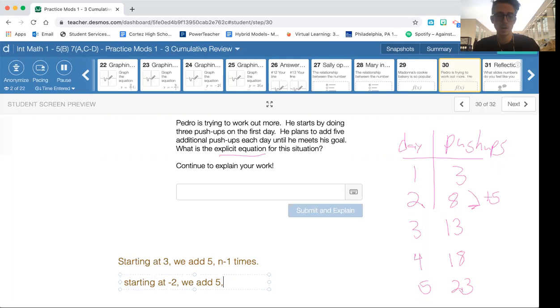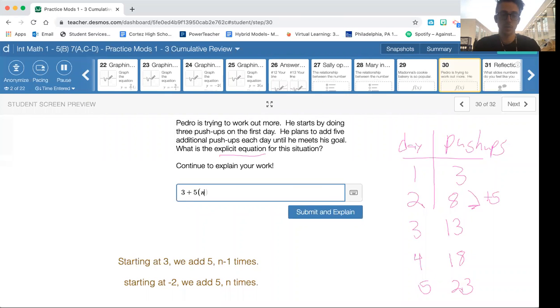We add 5 n times. So you have the option to have 3 plus 5 times n minus 1, or -2 plus 5 times n. Both of those equations work.